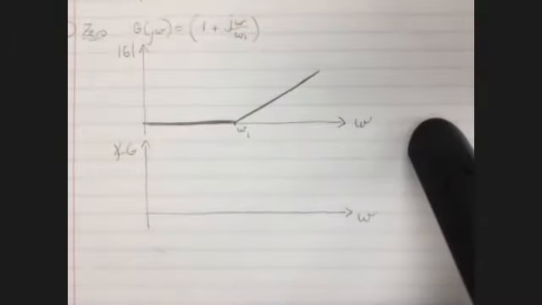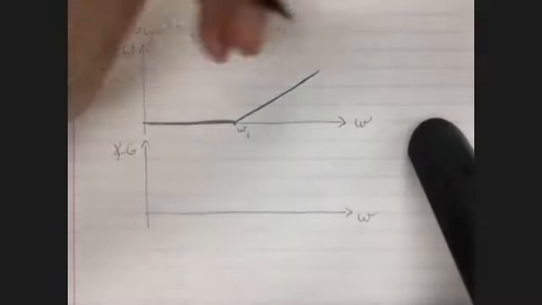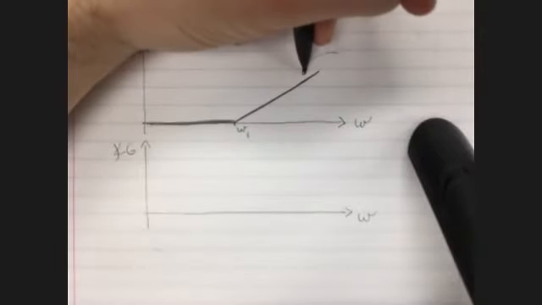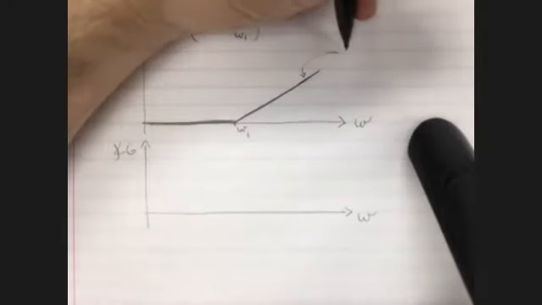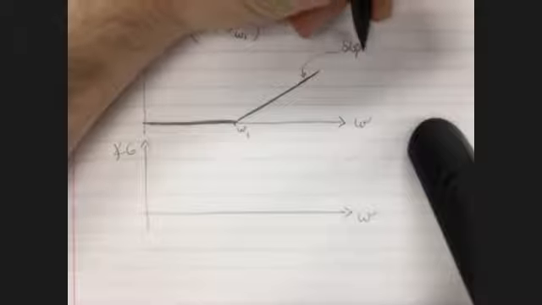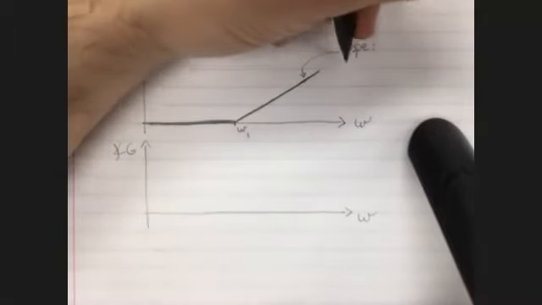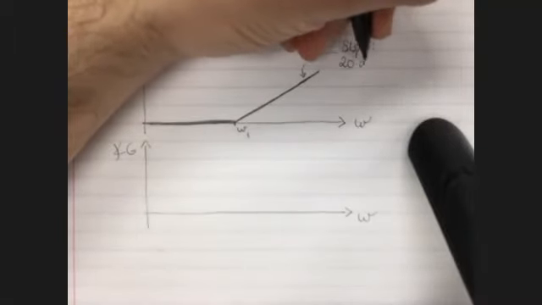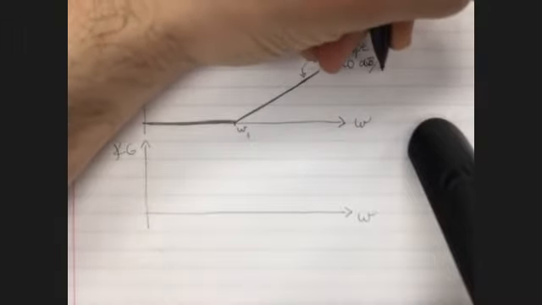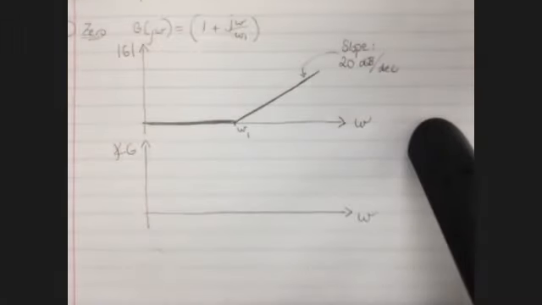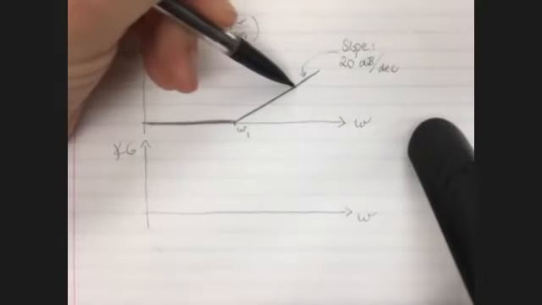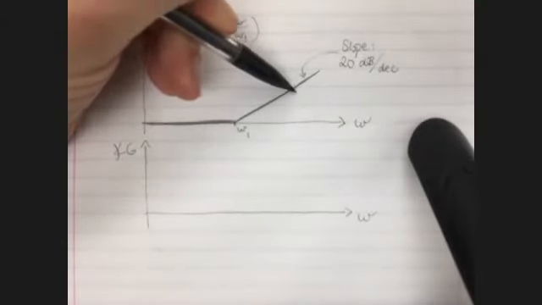A steady increase, and the slope of this incline is going to be 20 decibels per decade. So a decade means when there's a factor of 10.